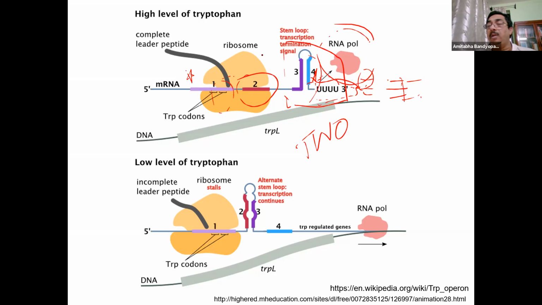But if the tryptophan level is low, then the ribosome will stall here because it does not have the tryptophanyl tRNA, and then this 2-3 loop will form. Then this terminator signature will not be there because the poly-U is after 4. So the terminator signature will not be there, and transcription will continue to happen.